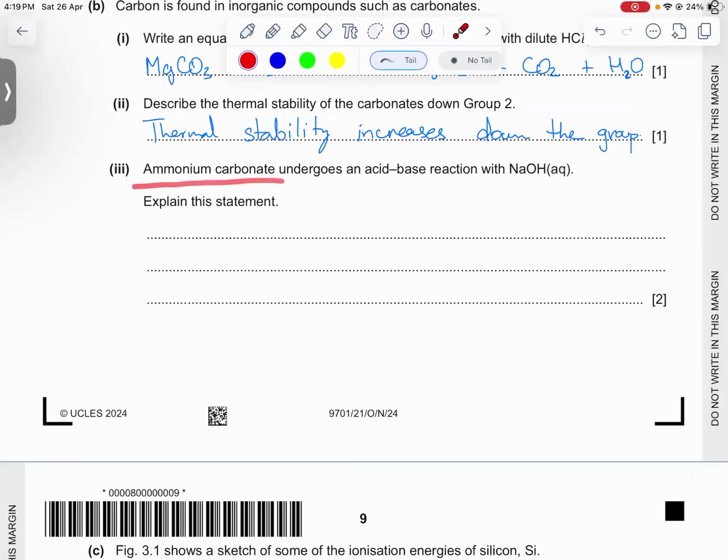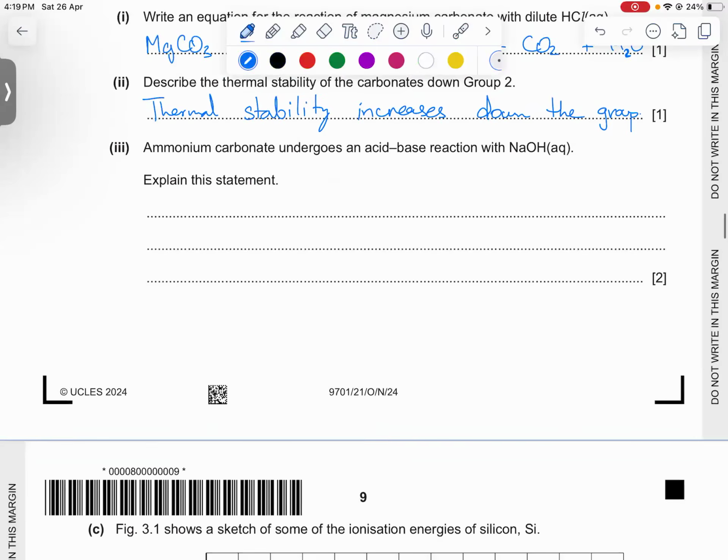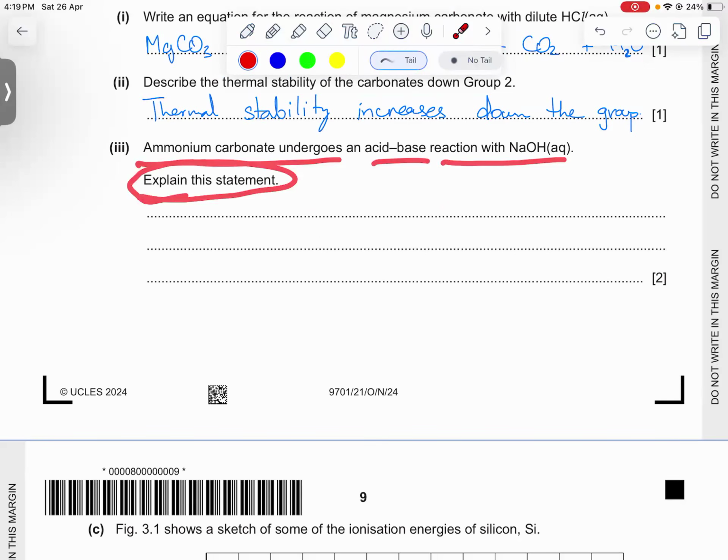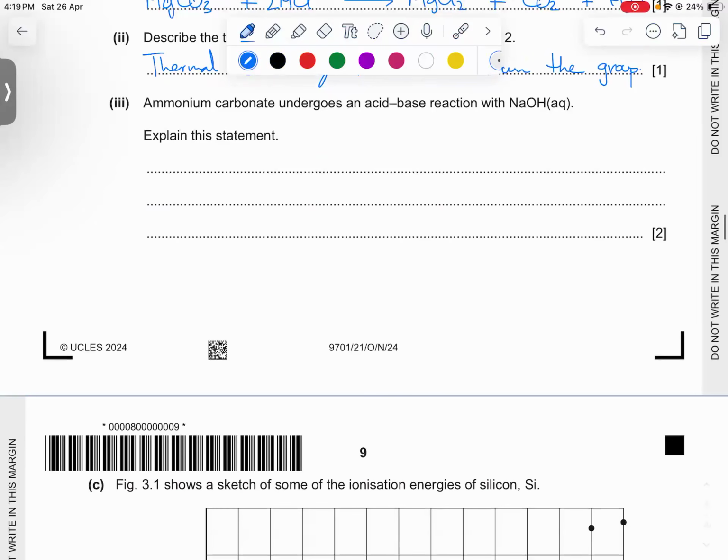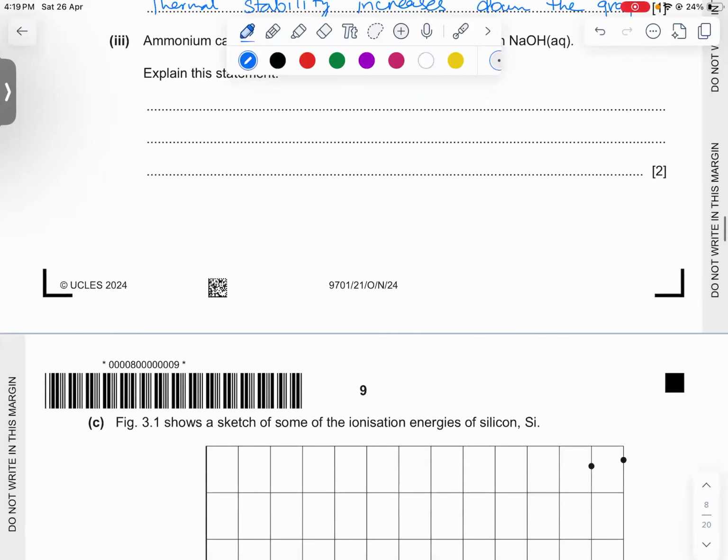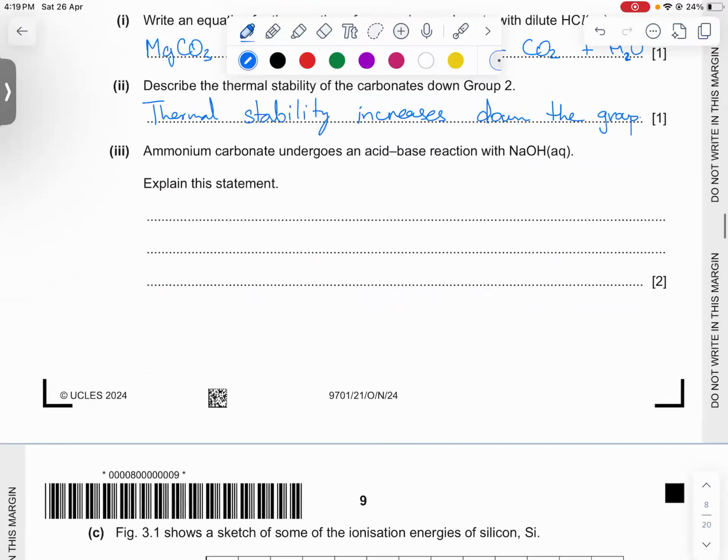Next question, ammonium carbonate undergoes an acid base reaction with sodium hydroxide. Explain this statement. Like, why does ammonium carbonate undergo an acid base reaction?